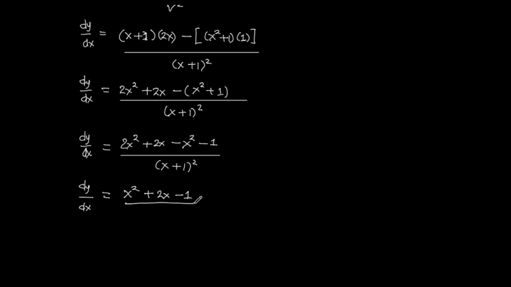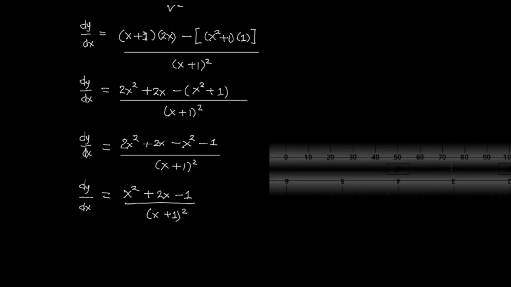So we can divide this one here by our denominator, (x plus 1) squared. If you can factorize the numerator, go ahead and factorize, and then you can simplify with this, but in this case we cannot factorize, and that is our answer.